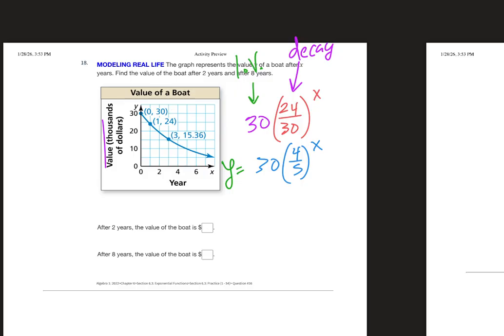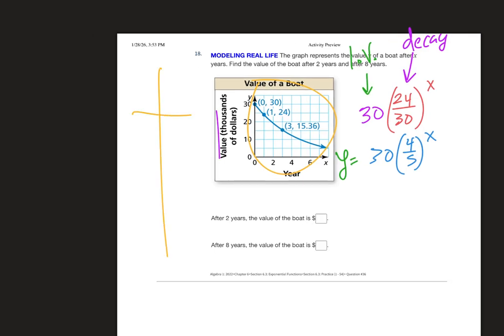And here's what we know: we have a table. We could make a table. So when x is 0, y is 30. When x is 1, y is 24. We don't know 2, but we do know 3.